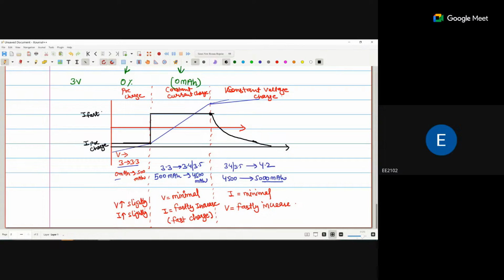Here some terms will be there. One is the pre-charge, then the fast charge, then the term charge.